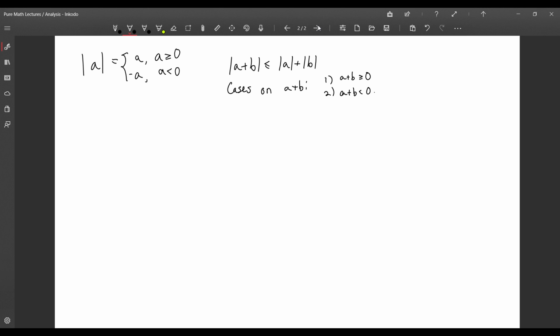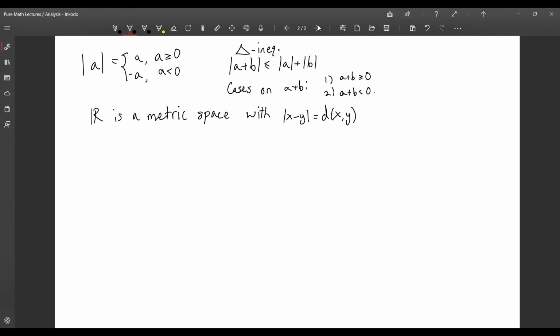And so this is the triangle inequality, which in turn tells us that R is a metric space with the absolute value of x minus y as our distance, or our metric function.